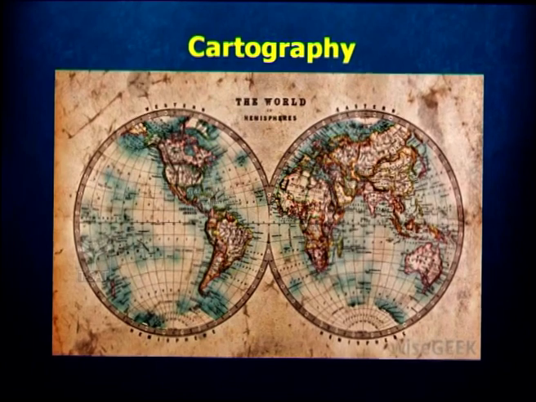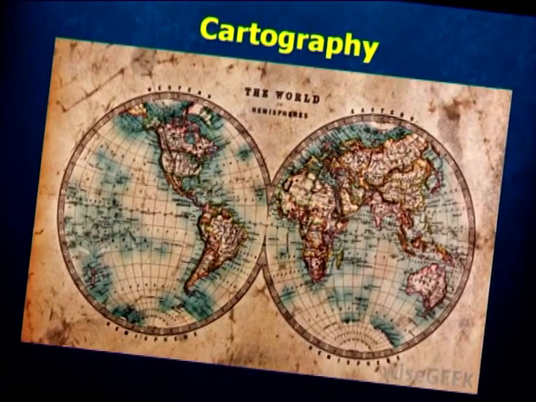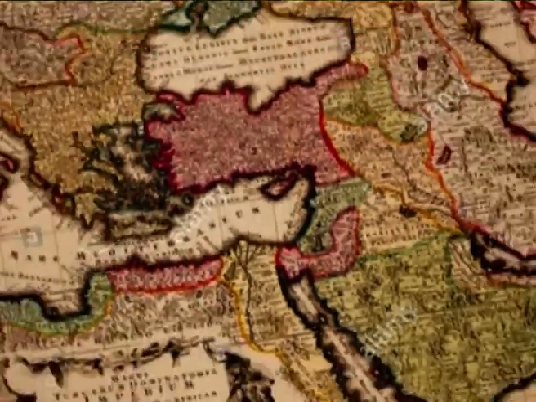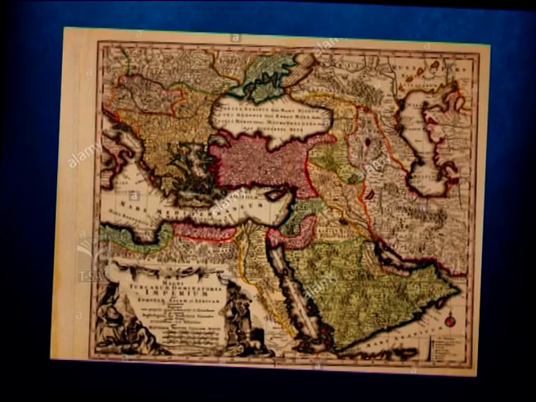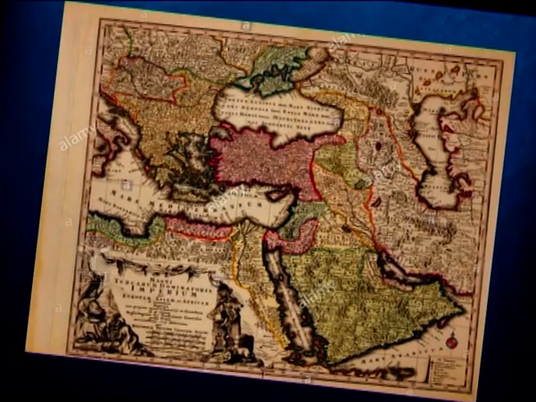So, cartography is another practice where drawing is used. Here also the cartographers, the person who makes maps is called cartographer, and the practice is cartography, where maps are created. And you see this world map, two sides of the world, and they have a clear practice of calculation.